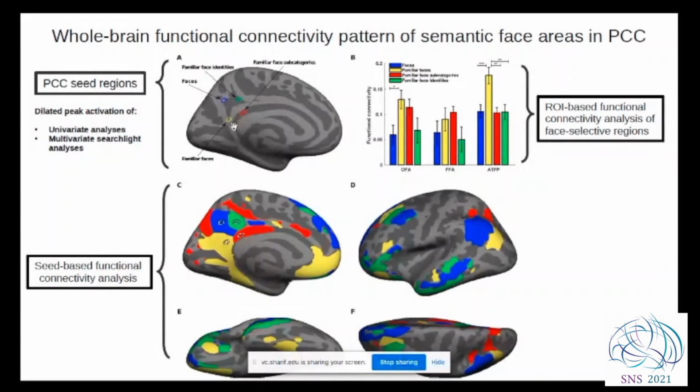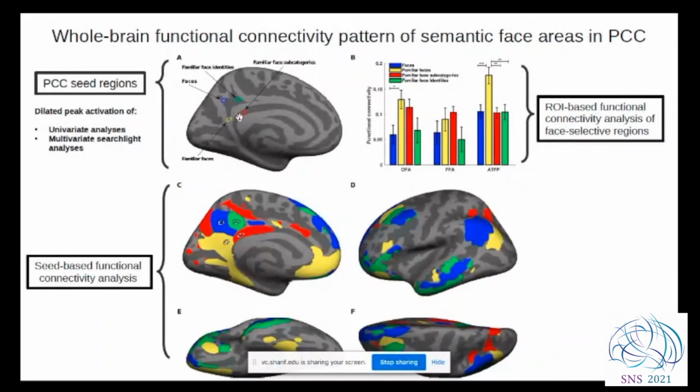So we had four seed regions. And then for each of them, we computed the connectivity map based on resting state data. So for each seed region, we had a whole brain map of regions which were connected to this seed region, okay?